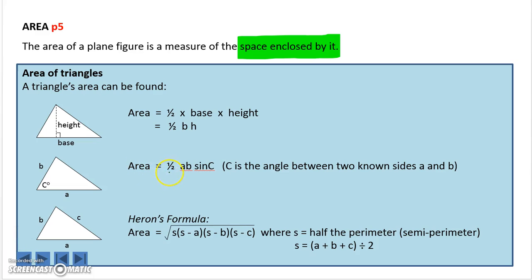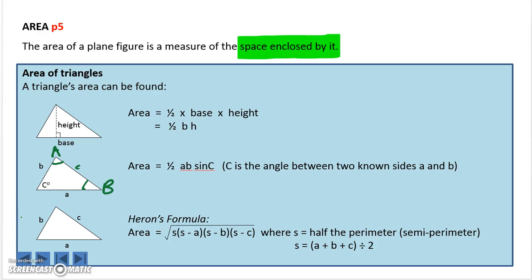Area equals half times side A times side B times sine of C. So C is the angle between 2 known sides A and B. So for example, this is side A, we'd call that angle A. This is side B, and we'd call this angle B. This is side C, and we call that, as it's written there, angle C.